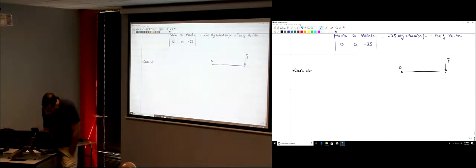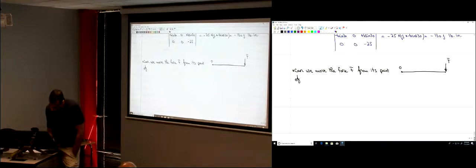Can we move the force F from its point of action to point O?